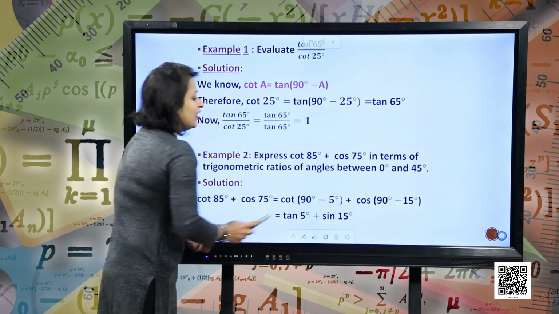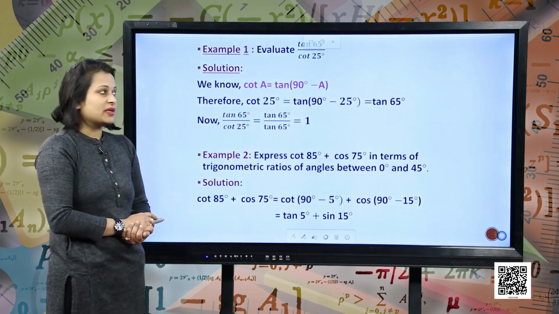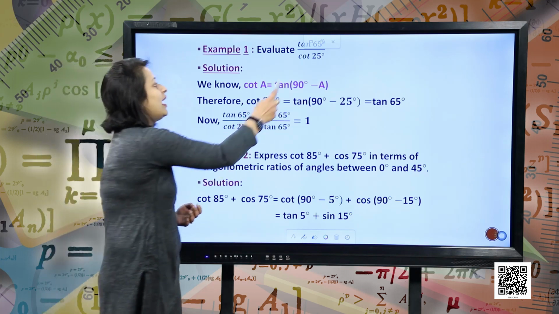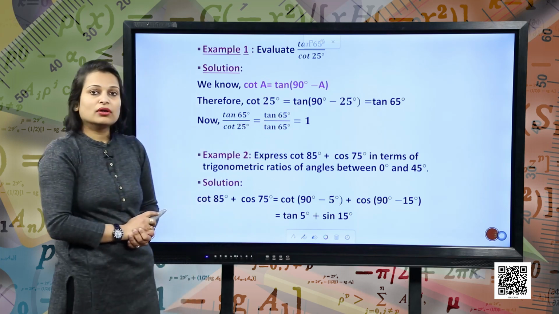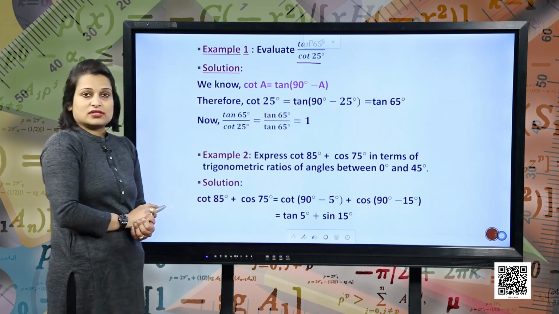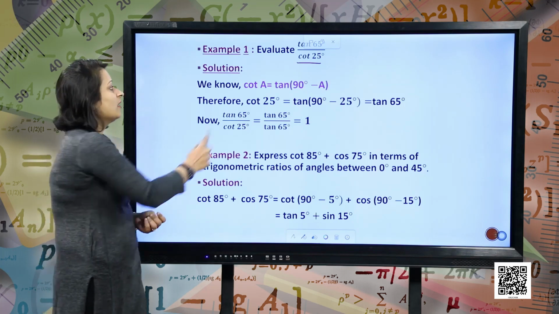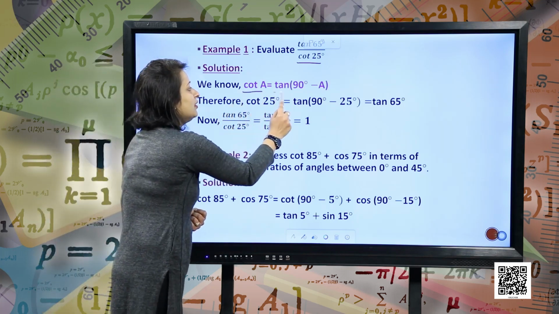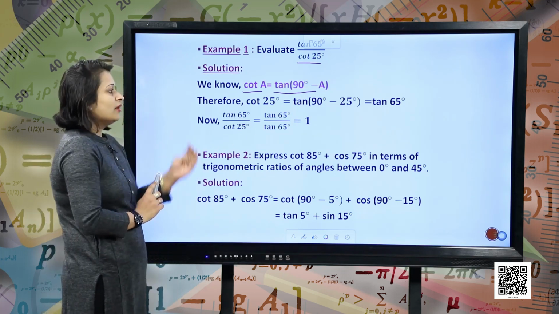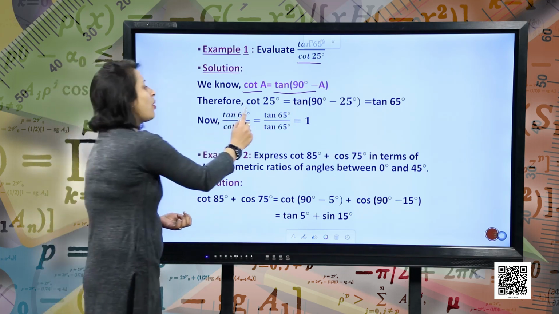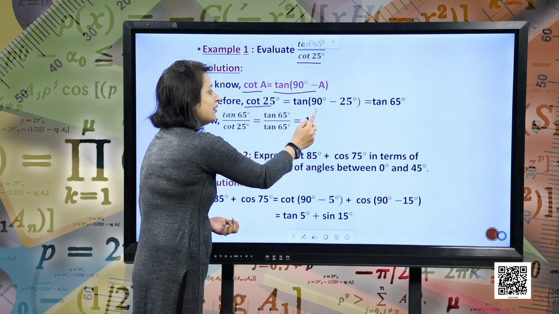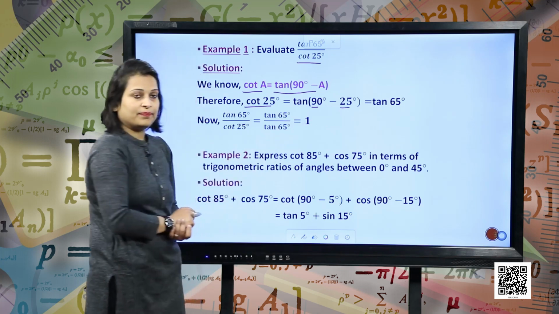Now we will understand with the help of examples. Example 1. Evaluate tan of 65 degree upon cot 25 degree. Now for this, as we know that cot A is tan of 90 degree minus A, therefore, we can write cot 25 degree as tan of 90 degree minus 25 degree.